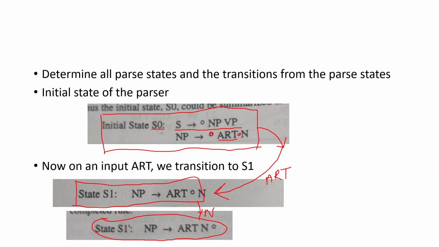Now in this state, this particular right hand side has already been processed, which means you can replace this with a noun phrase. So in the input, the article and noun, that is the noun phrase, has been processed. In this case, only reduction can be done. So we stop it there.